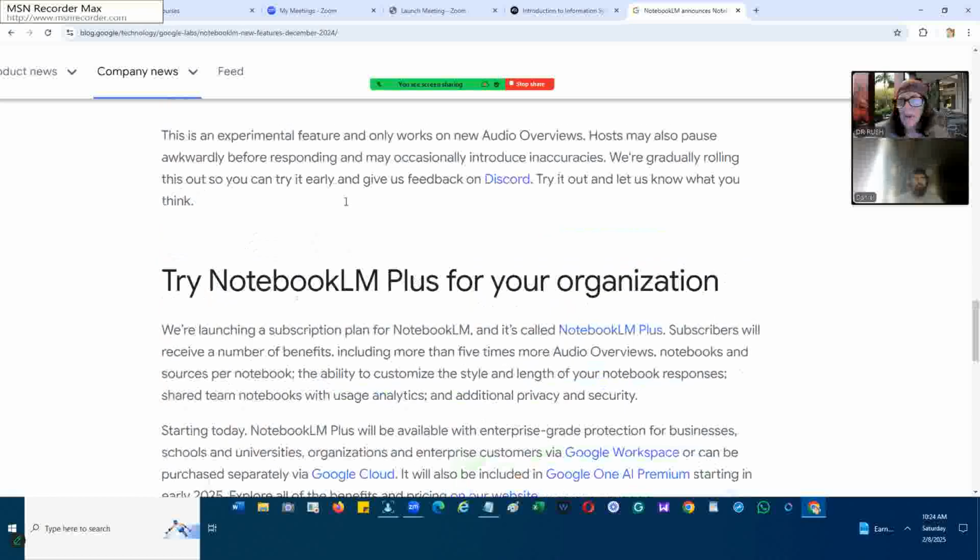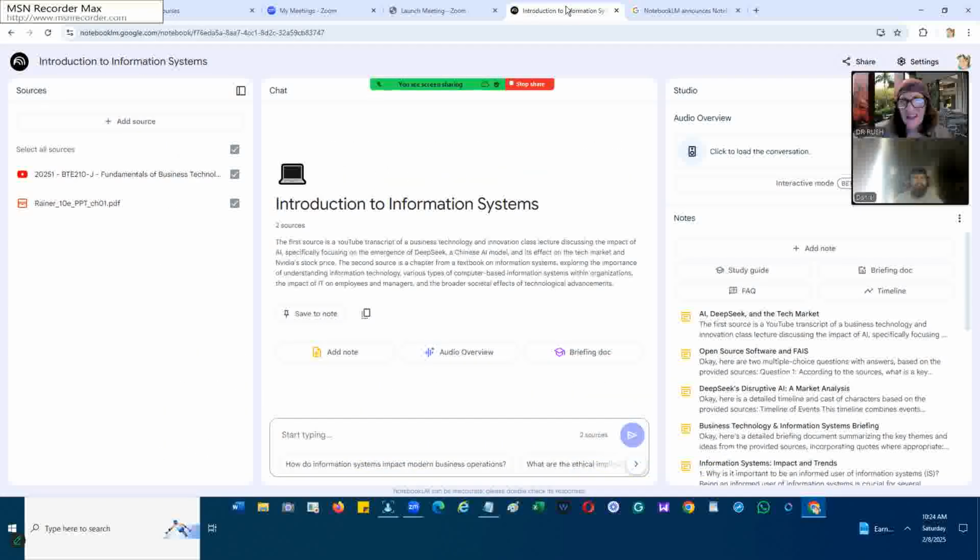What I like about Notebook LM is they're using Gemini 2.0. When, for instance, I do 1-800-ChatGPT, when you call, ChatGPT is using a much lower version. Right.